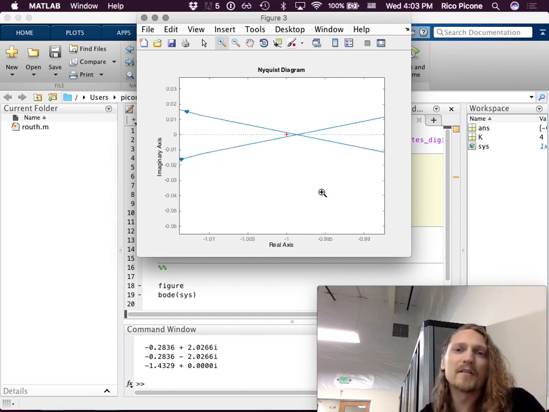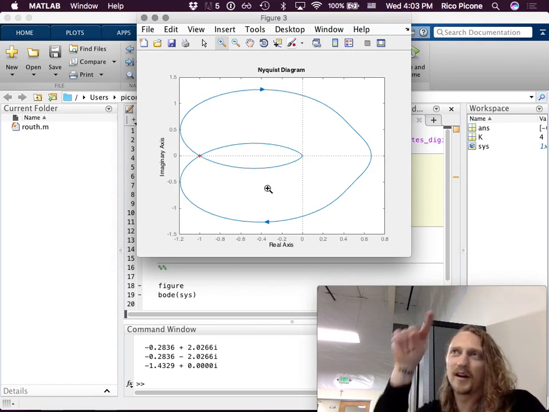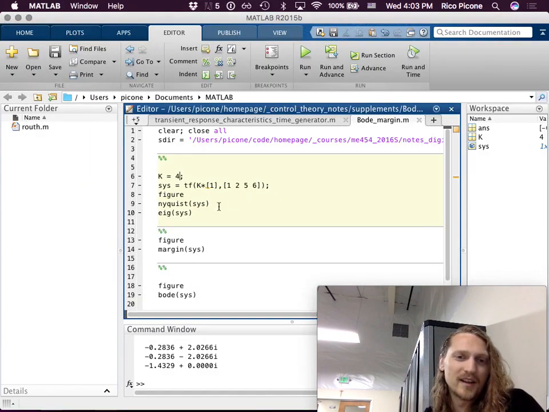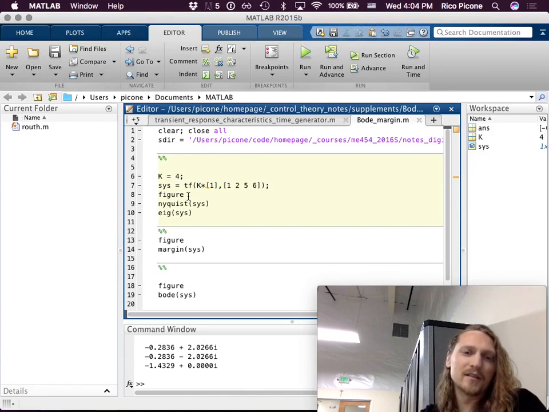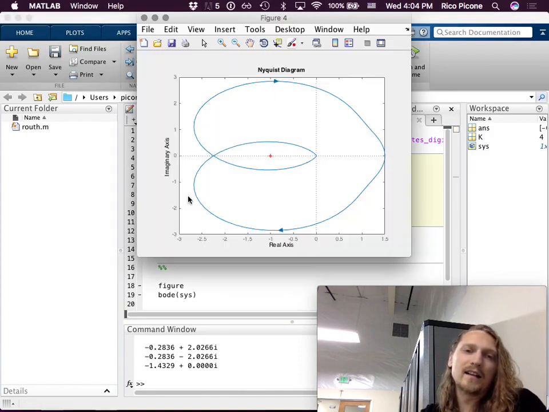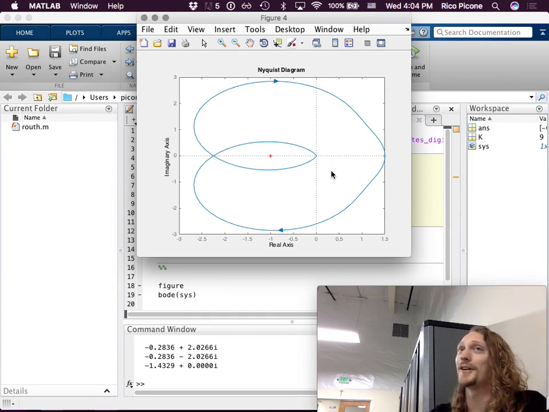It's hard to say if that's within the numerical error or what, but if I did a gain of 9, clearly we've encircled it twice, clockwise. So our z is equal to -2, and we're unstable. So n is equal to -2, p is equal to 0, and so z is equal to -2.